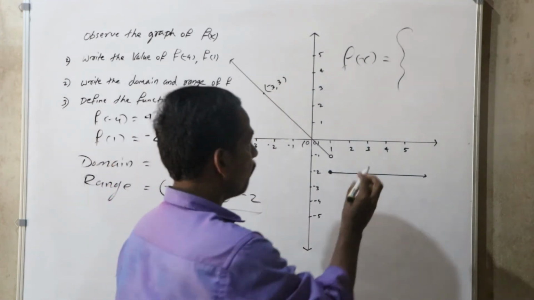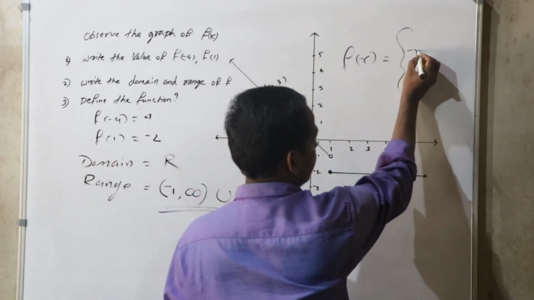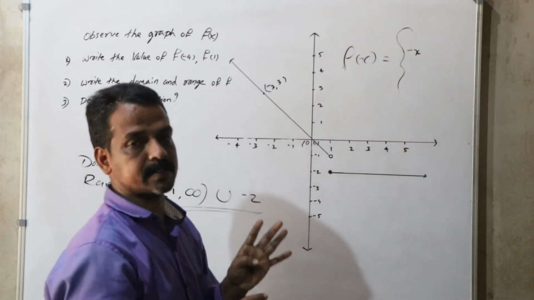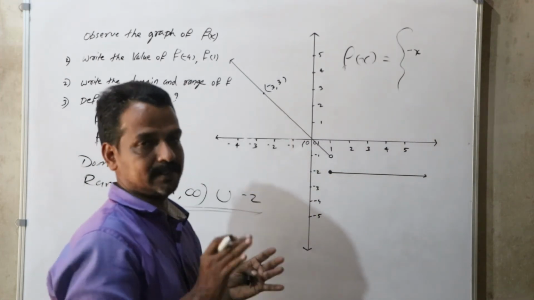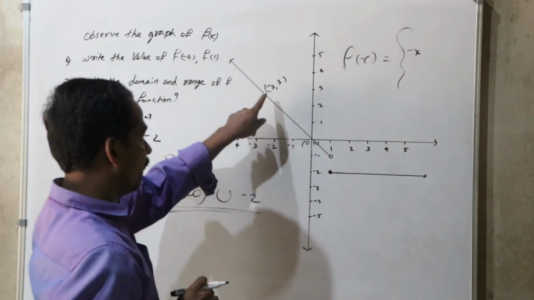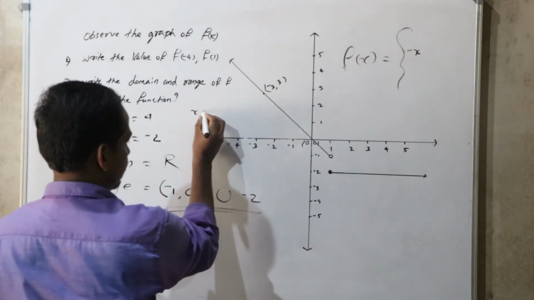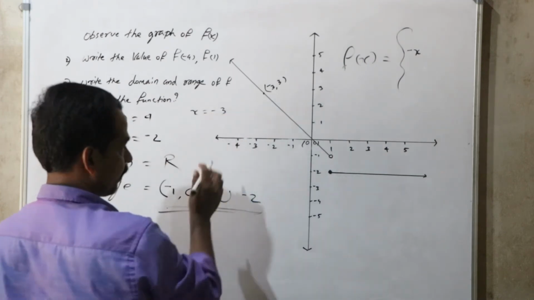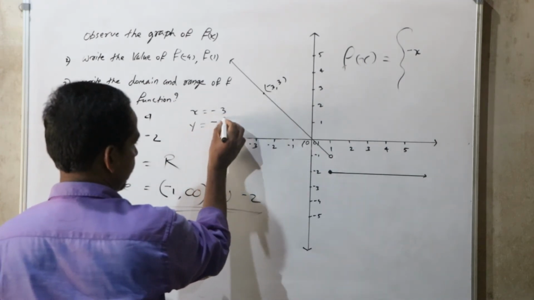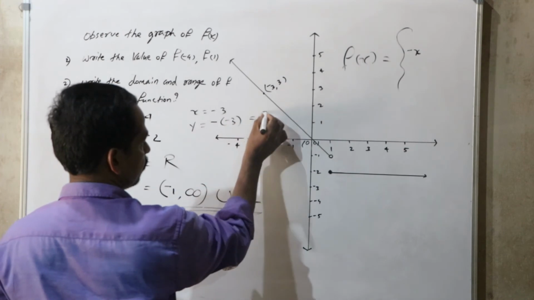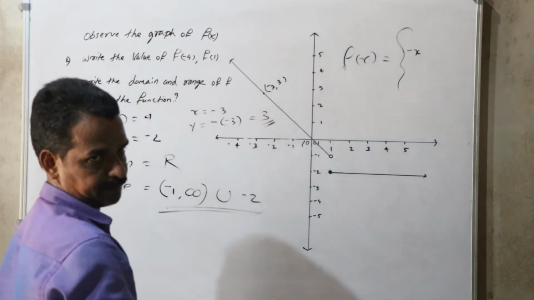That means the rule is -x. Why? Here x is equal to -3, and y is equal to positive 3.